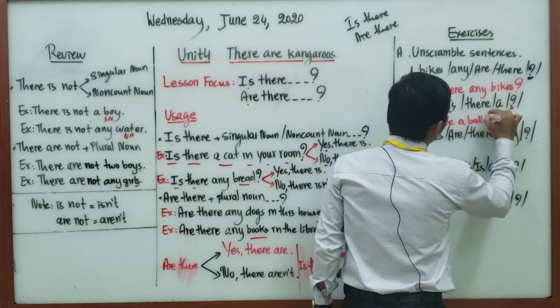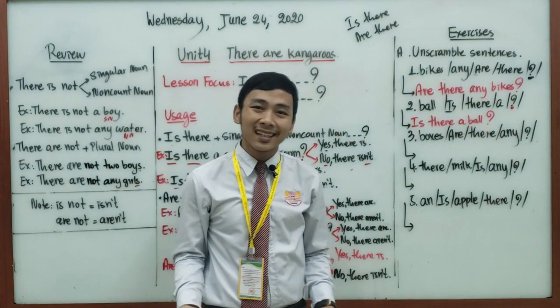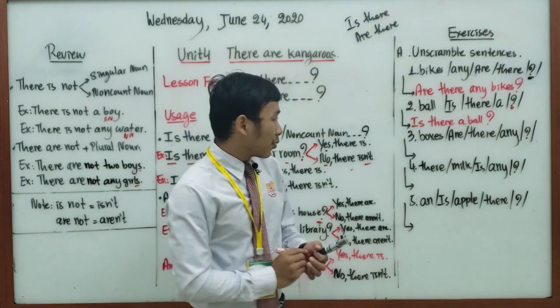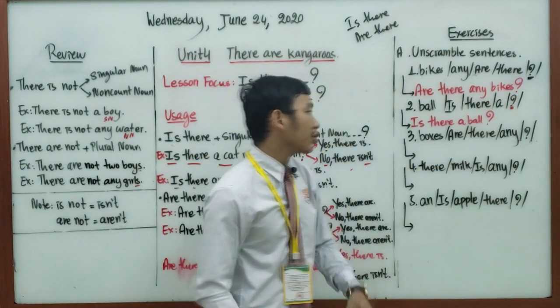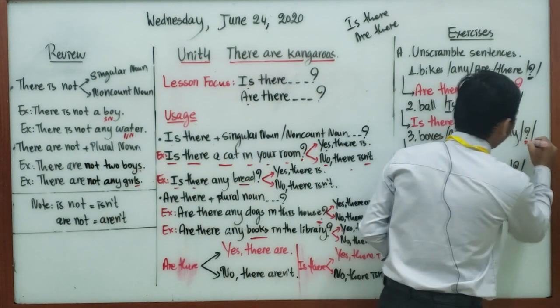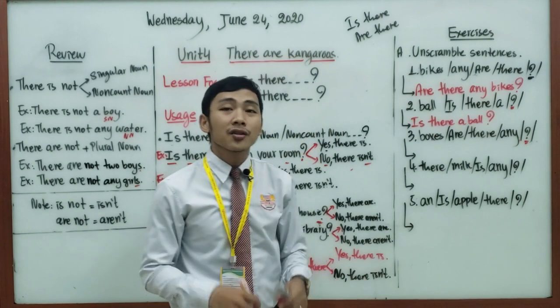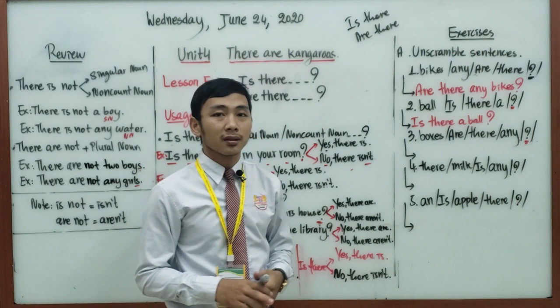Is there a ball? And then the question mark, don't forget. Okay, good. What about number 3? Box, are there any? So which one do you put first? You just look at the sentence, it is a question sentence, right? So what should you put first?